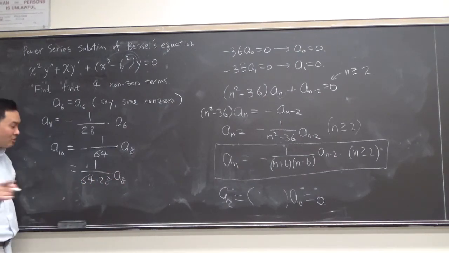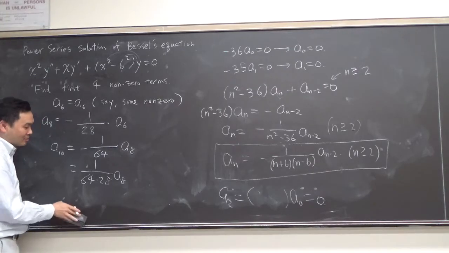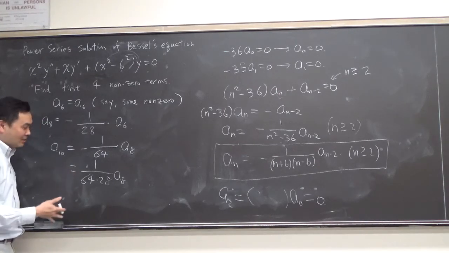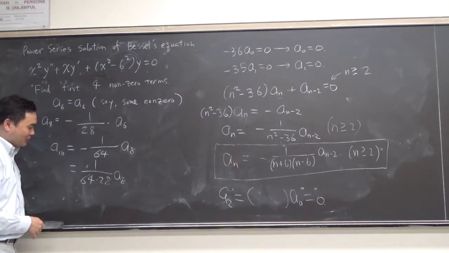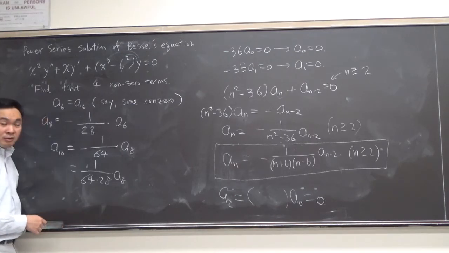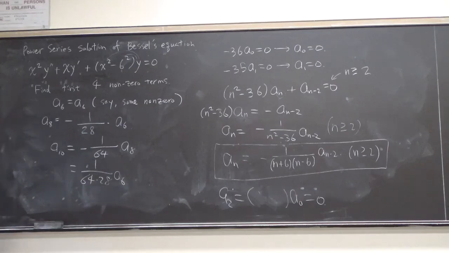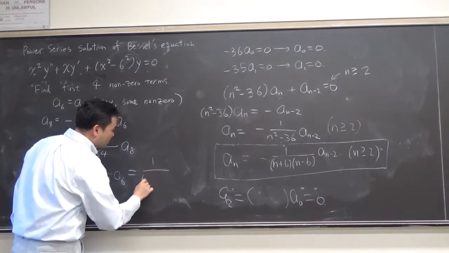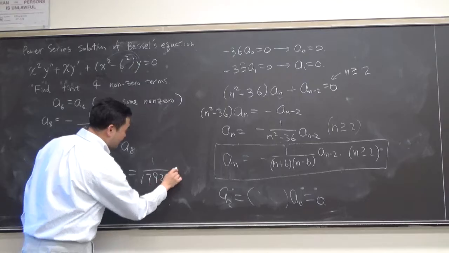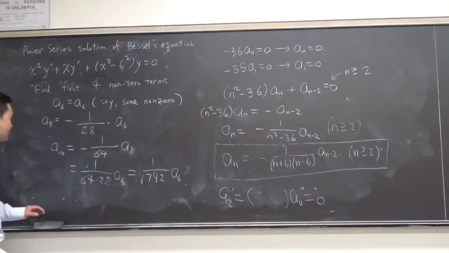Okay, somebody with a calculator help me. 64 times 28 is? 1,792. A6, all right.